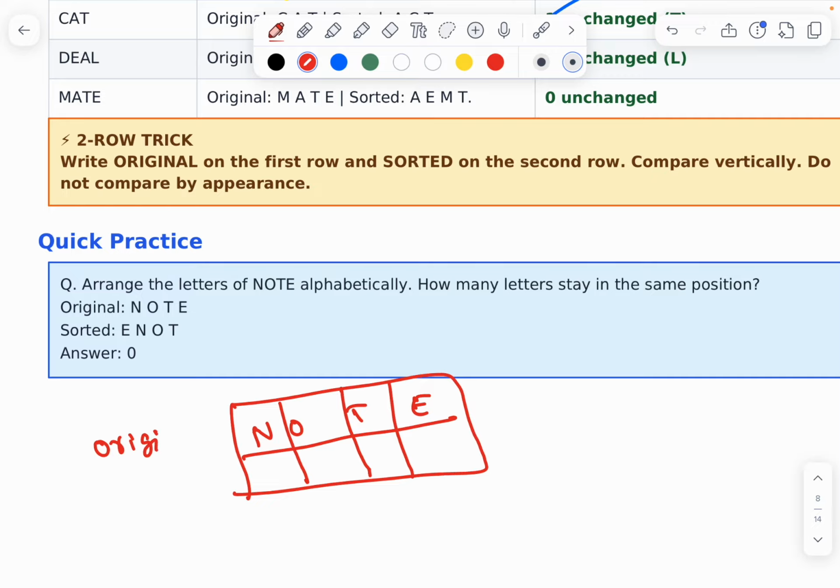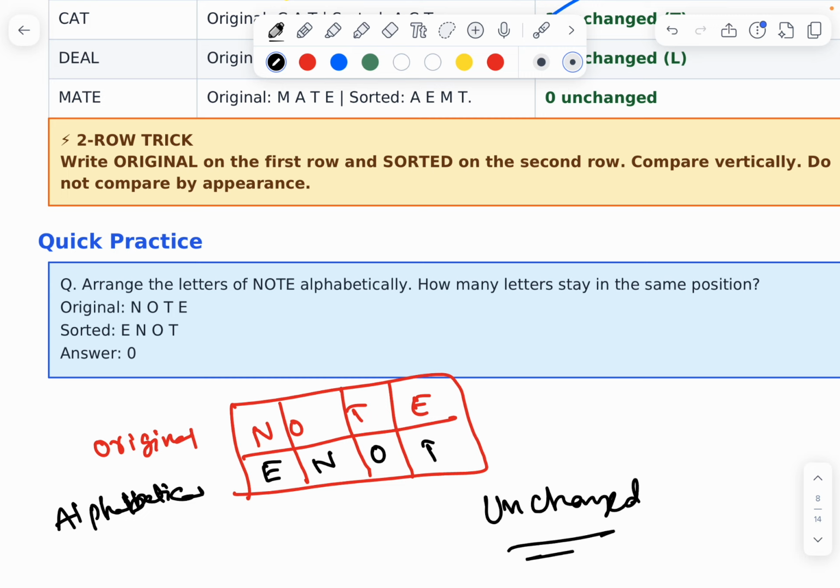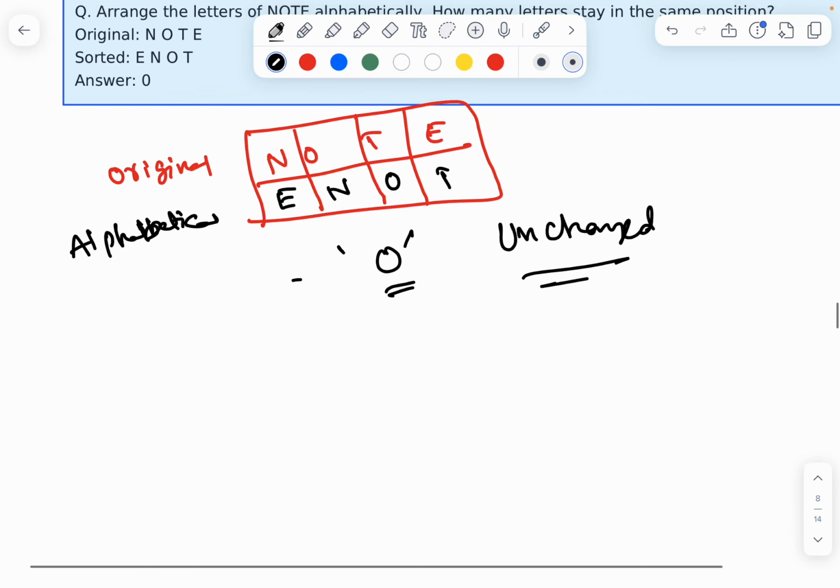And alphabetical: ENOT. There is no common. Therefore unchanged, answer is 0. Not O, 0. Okay.